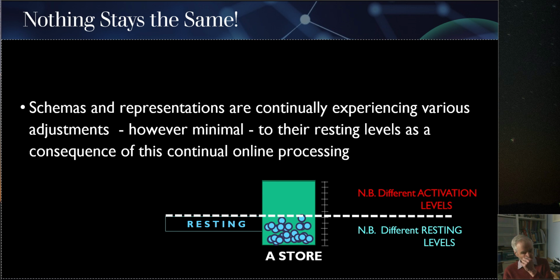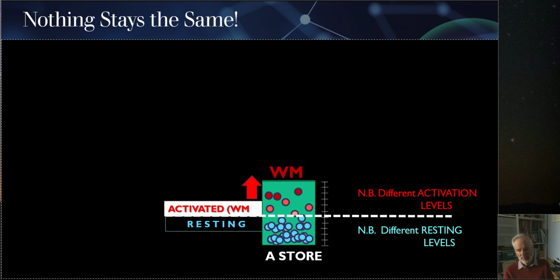So when they're activated, they will rise up. They'll be somewhat handicapped, whereas something you use all the time will be resting at a high level because it's been frequently activated in the past and it's risen up and up and up, and whenever it's activated it will rise much further to a higher level, and in a minute I'll just show you why that's relevant, right?